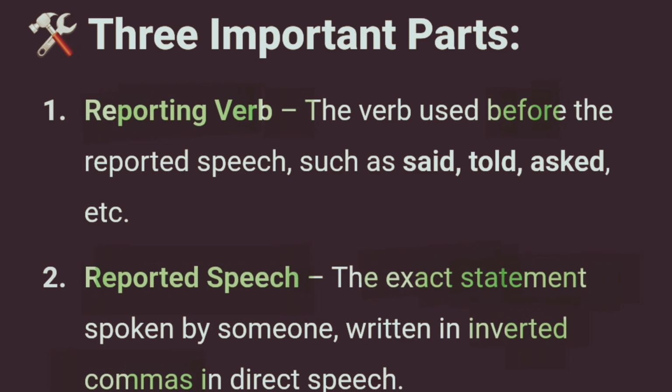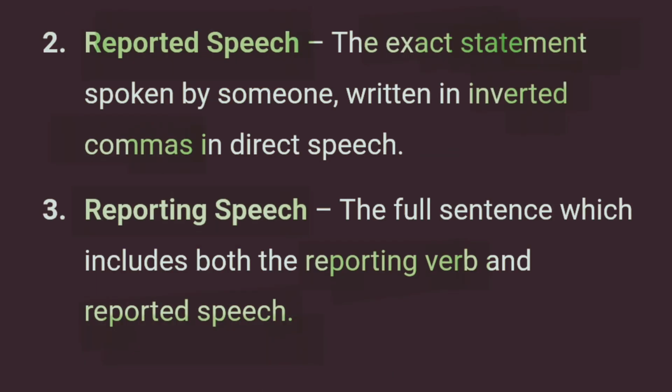Reporting verbs are the verbs used before the reported speech, such as said, told, asked, etc. If we talk about reported speech, this one is the exact statement spoken by someone, written in inverted commas in direct speech. Reporting speech is the full sentence, which includes both the reporting verb and reported speech.